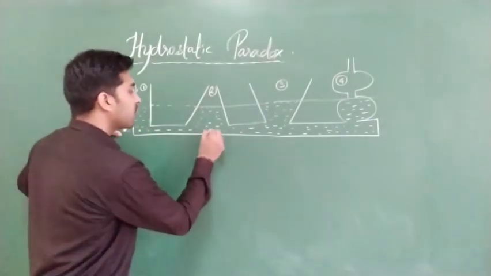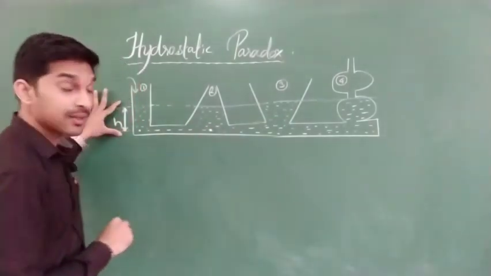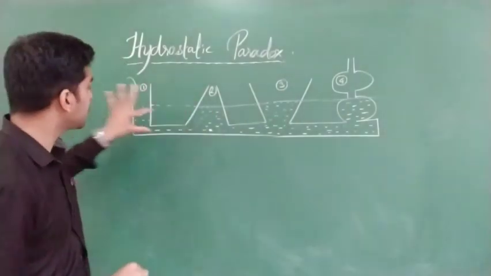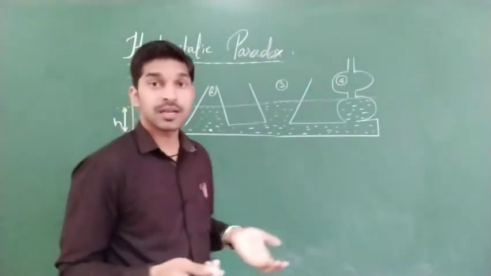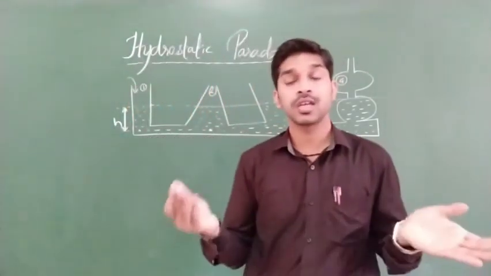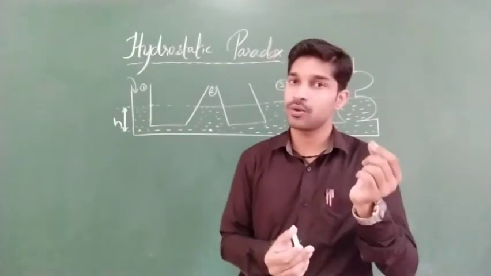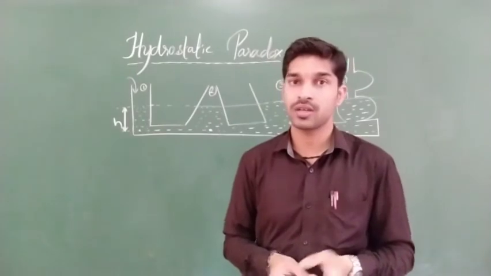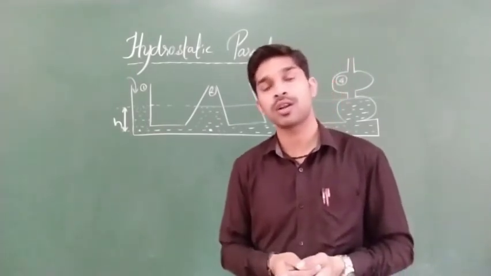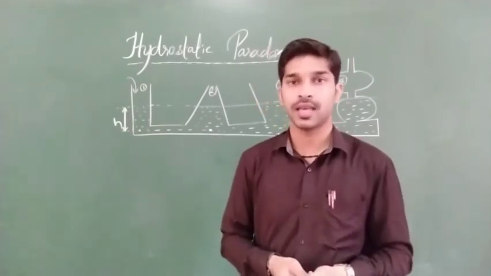At this point again, if I calculate the pressure, again rho g h, and h is the same. Clear? So the pressure doesn't depend on the shape or size of the container, but only on how much depth or height the liquid level reaches.